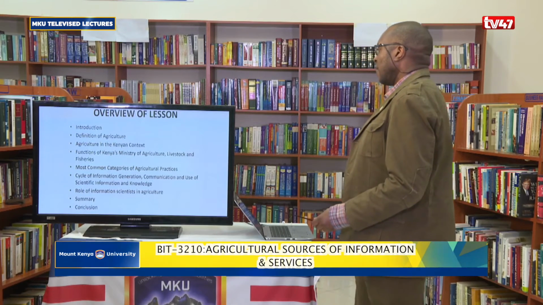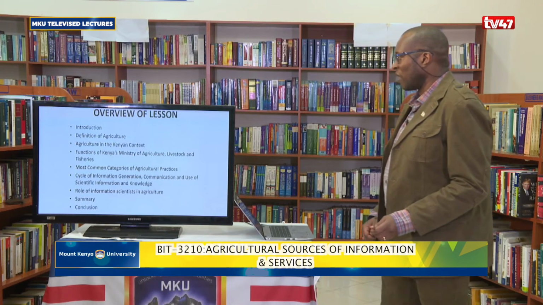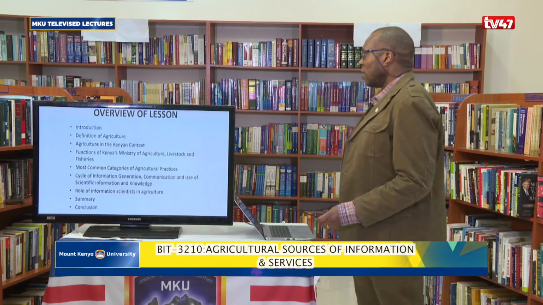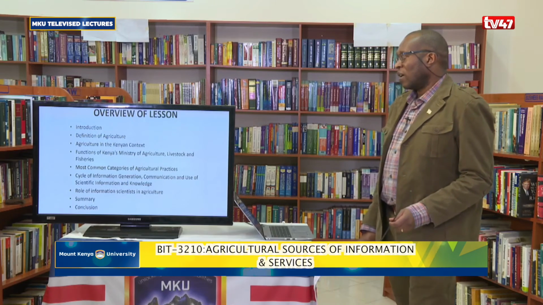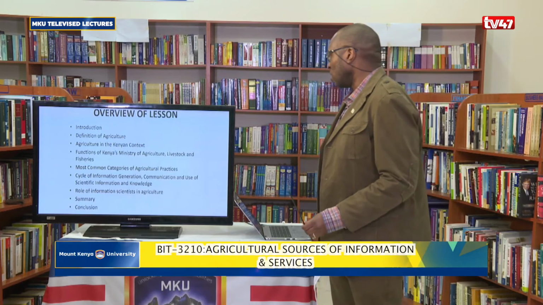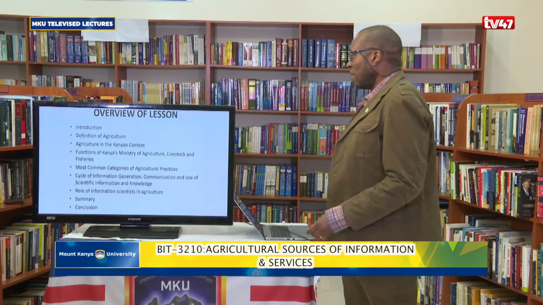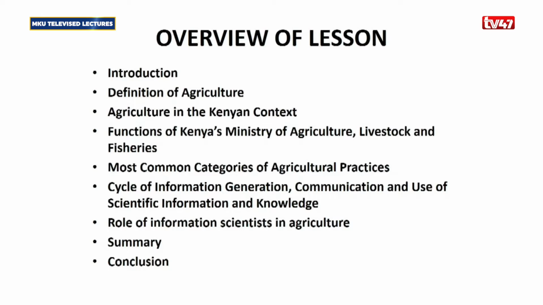Then we look at the most common categories of agricultural practices globally. Then we examine the cycle of information generation, communication, and use of scientific information and knowledge. Then the role of information scientists in agriculture, and then summarize and conclude.